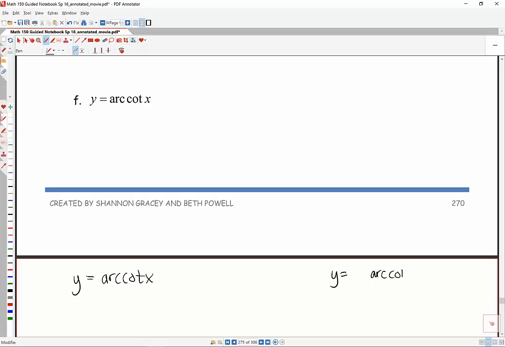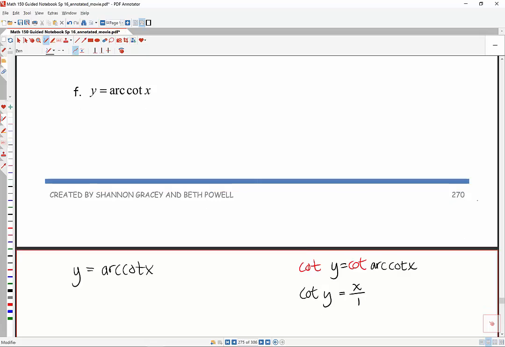And we will have to evaluate the cotangent of both sides. That will yield a result of cotangent at y is equal to x over 1.